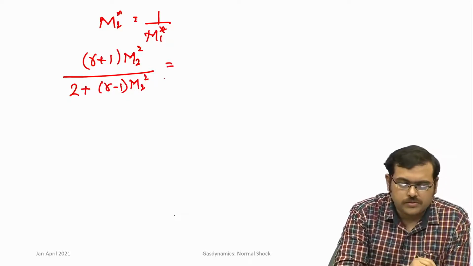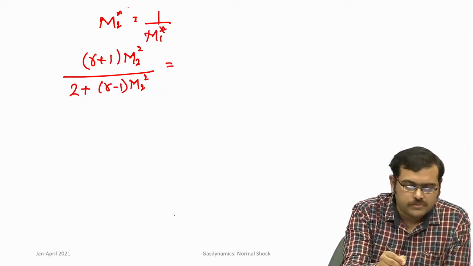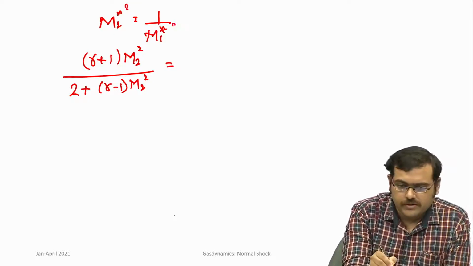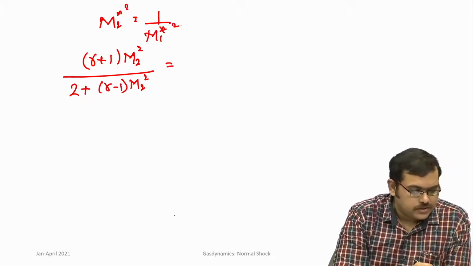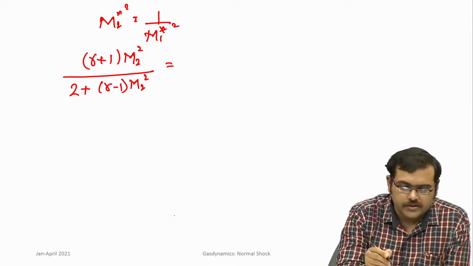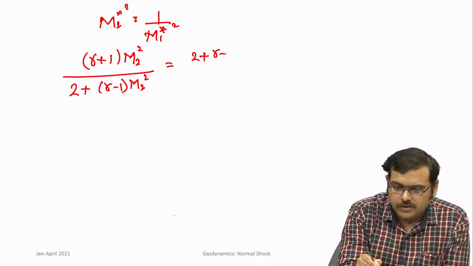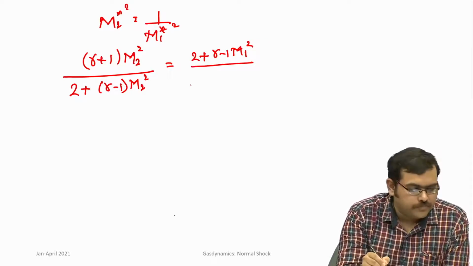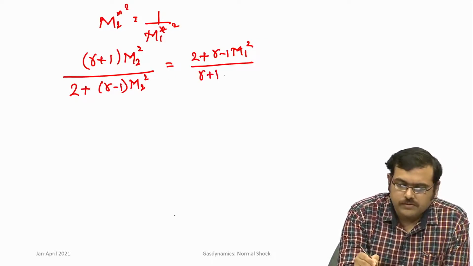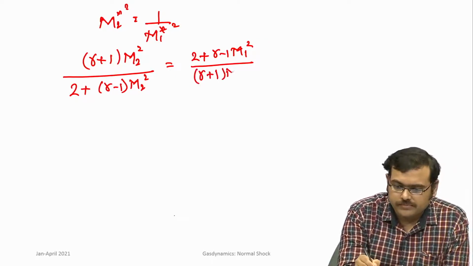It is the inverse, so the square is the inverse of this, and you can put it here: 2 plus gamma minus 1 M1 square divided by gamma plus 1 M1 square.